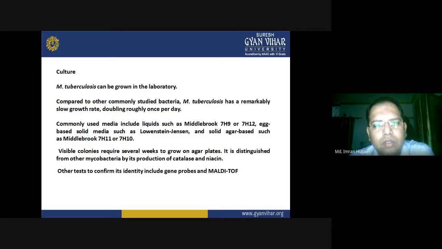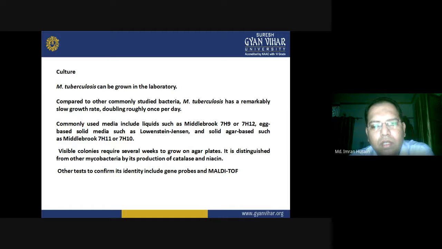Commonly used media include liquids such as Middlebrook 7H9 and 7H12, egg-based solid media such as Lowenstein-Jensen, and solid agar-based media such as Middlebrook 7H11 and 7H10.